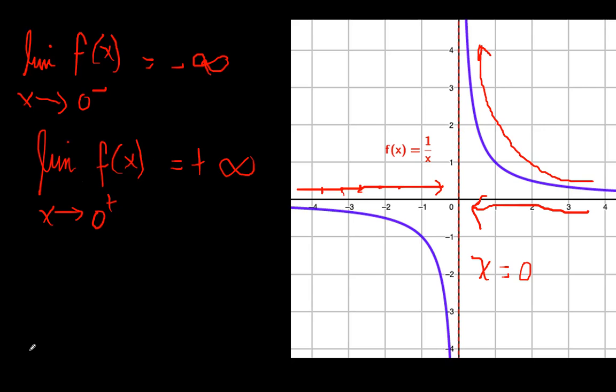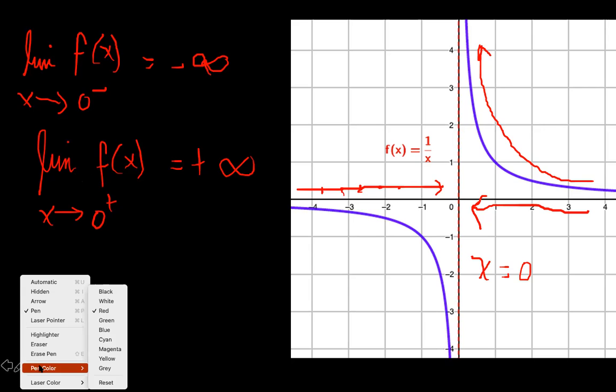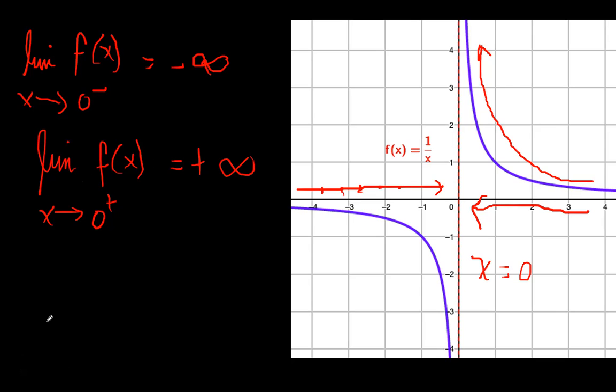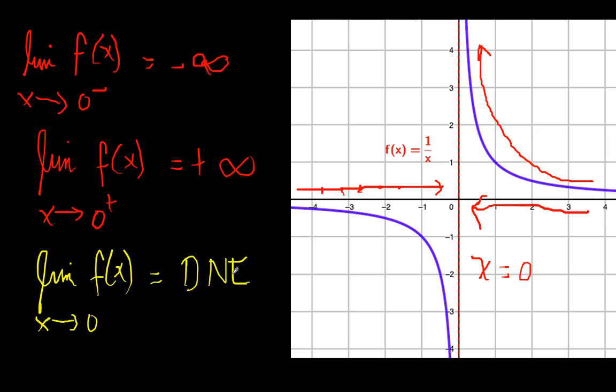That's why we could conclude that the limit of f of x as x approaches 0 doesn't exist. Why? Because the limits on both sides are not equal, and at the same time their limits are infinity.